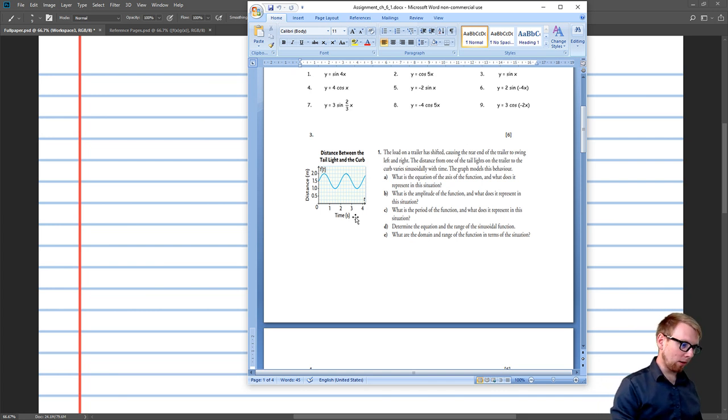So I'd look closer at this one and be like, the highest peak is 2, the lowest peak is 1, and the axis is the center between the two peaks. So what is the center between 2 and 1? Not 0.5. 0.5 would be down here.